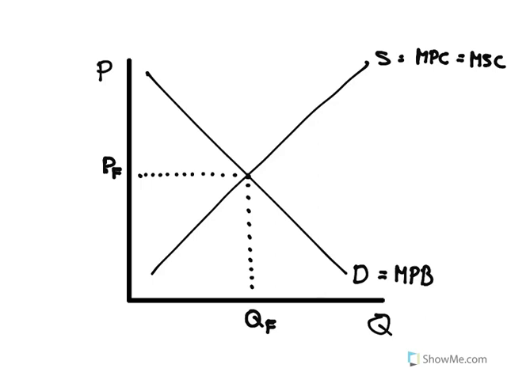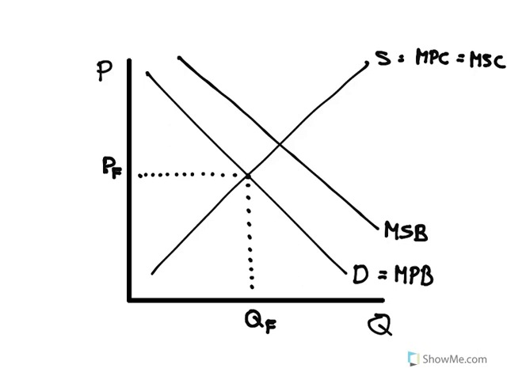Now, because there's a positive externality, there is a gap between what is being desired on the individual level and what is being desired by society. And so marginal social benefit is going to be above or to the right of marginal private benefit.